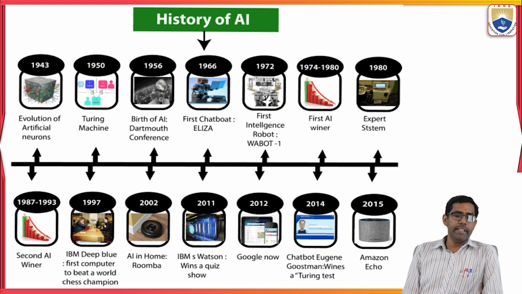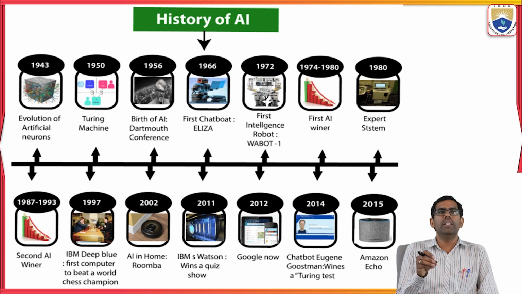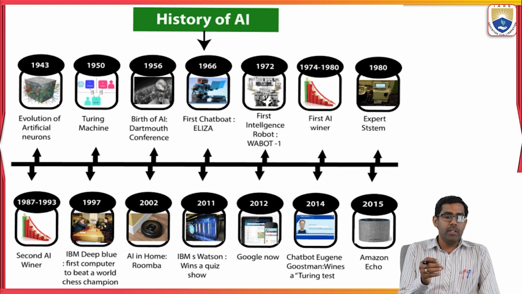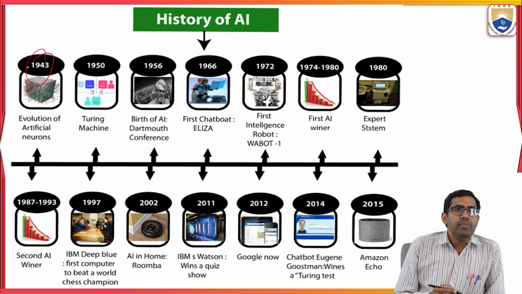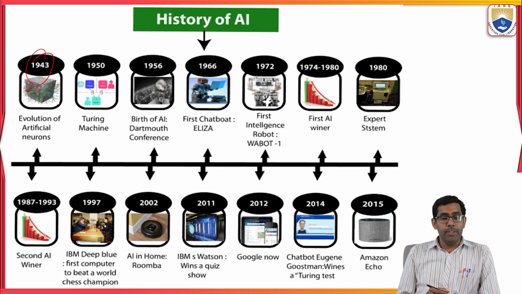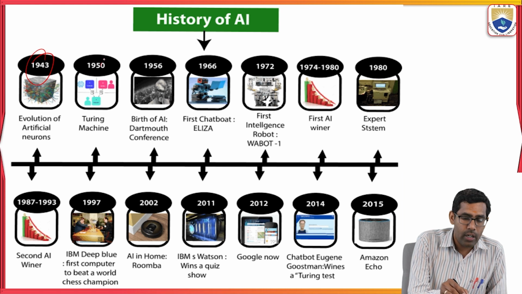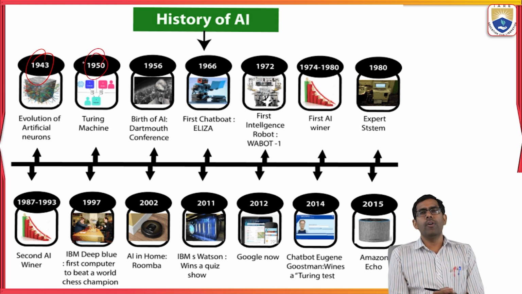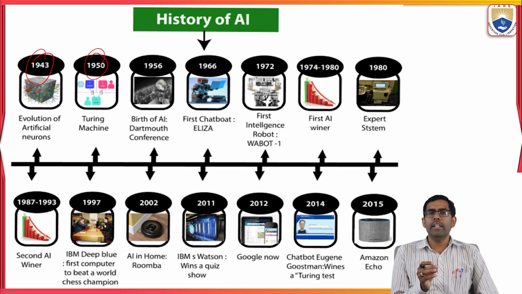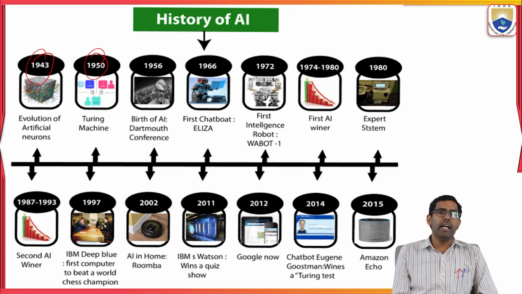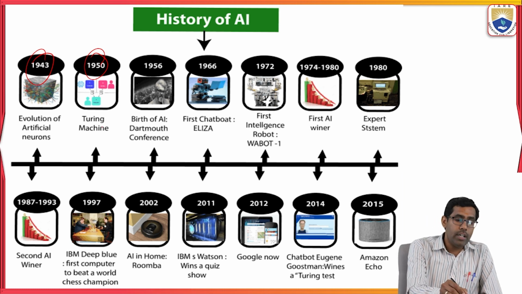In 1943, the first artificial neurons were introduced. In some conferences, members introduced how artificial neurons would evolve. Between 1950 and 1956, artificial intelligence was born, with the Turing machine, solving particular problems: how humans think, and they decided to design one machine to think and solve problems. That's the Turing machine.